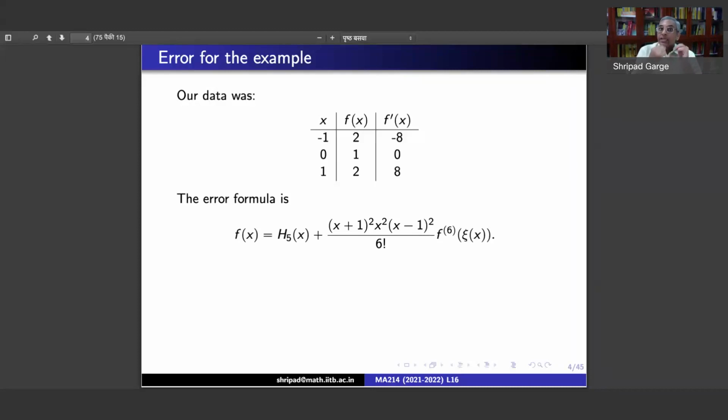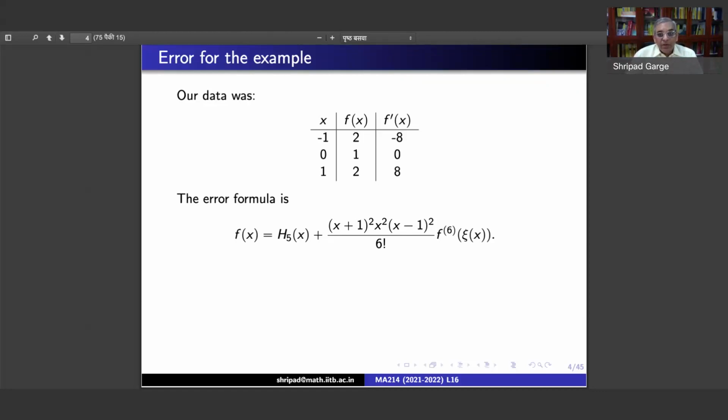Since n is 2, we are going to get our polynomial to be a polynomial of degree at most 5. In fact, it turned out that we had a polynomial of degree 4, but we will call it h5 of x, the interpolating polynomial for the given data, which has 0, 1 and 2. So there are 3 distinct nodes, and therefore we are going to look at the polynomial h5.